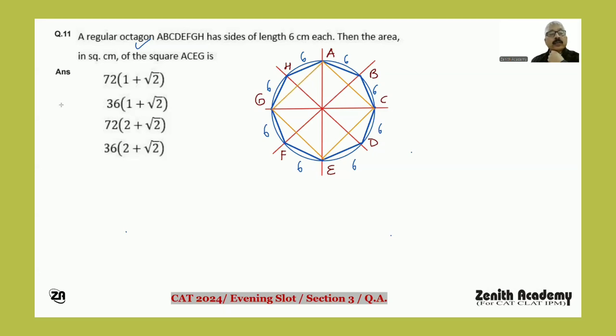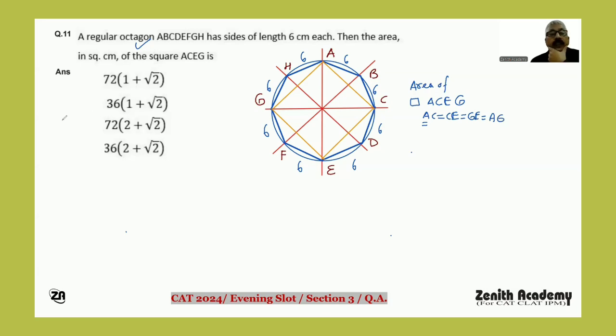So here the task is to find the area of square ACEG. Since it is a square, AC, CE, GE, and AG are equal.